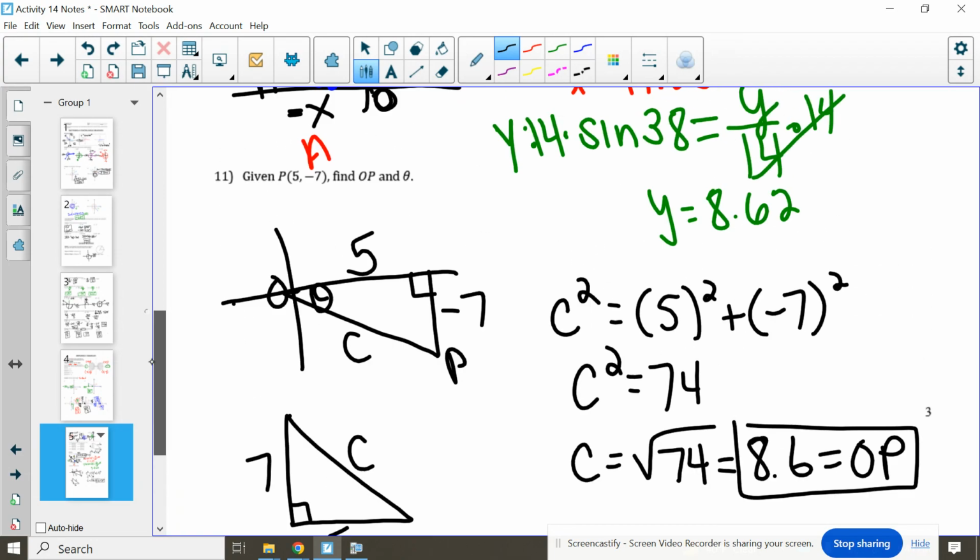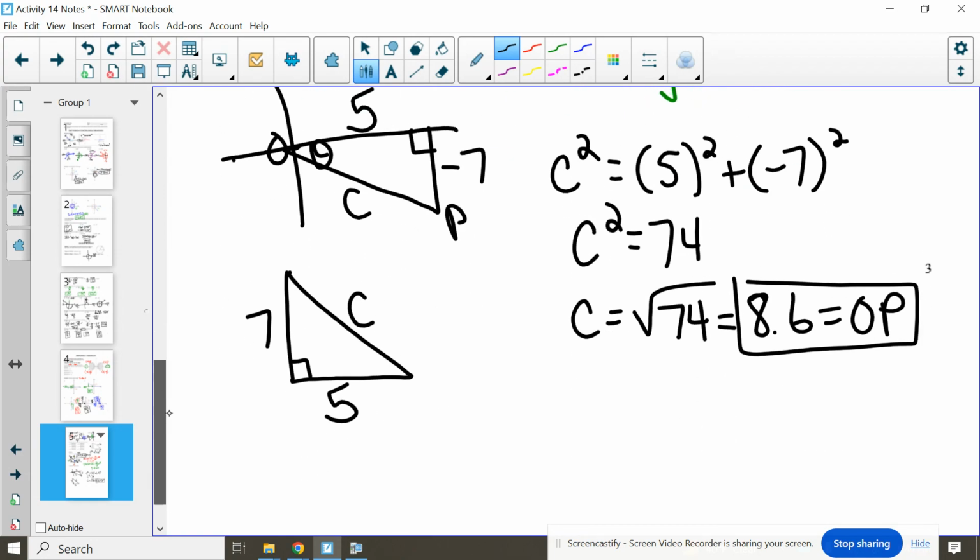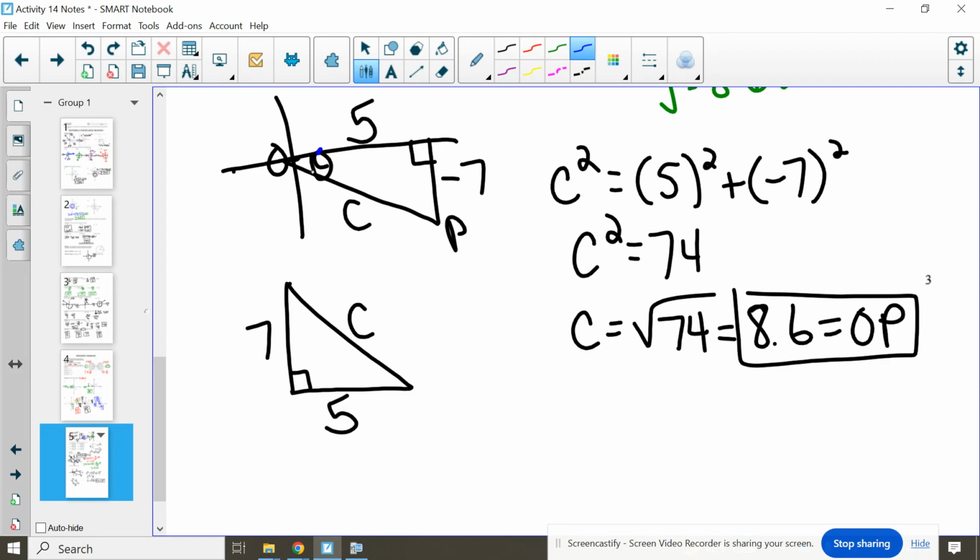Now, if we think about our theta value this time, we're also going to use some trigonometry, because for theta, we have the opposite leg given and the adjacent leg given. So tangent would be very useful to us. Now, be very careful.